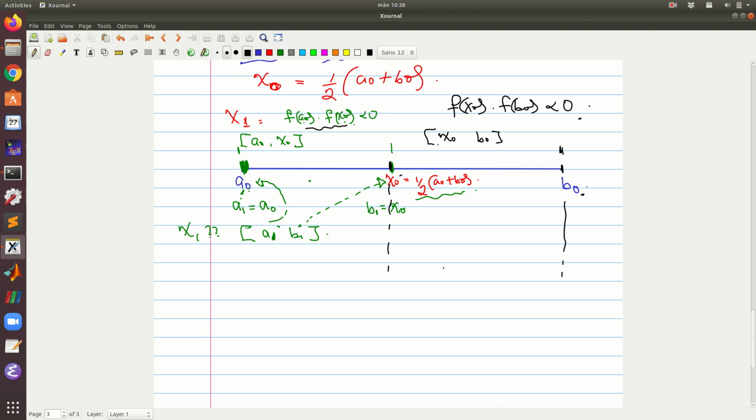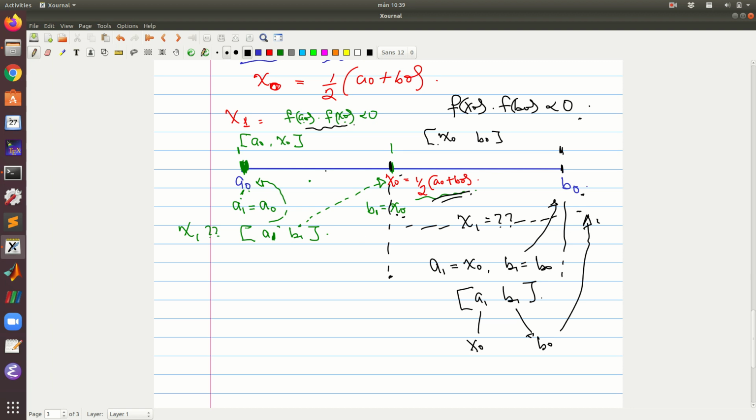Then we would look for our next approximation x1 in this interval, so we would set a1 to be x naught and b1 to be b naught.